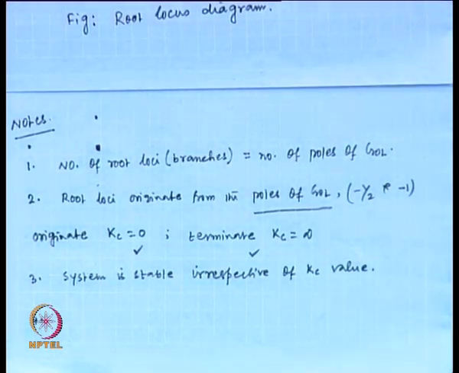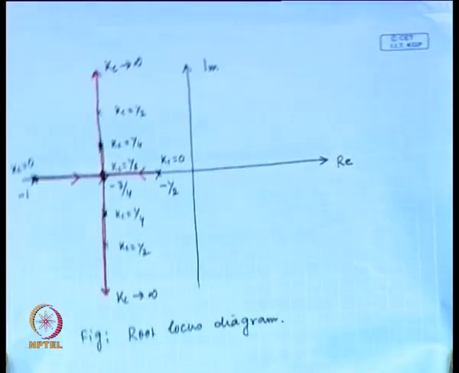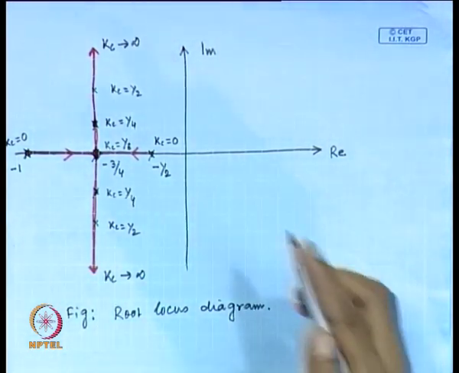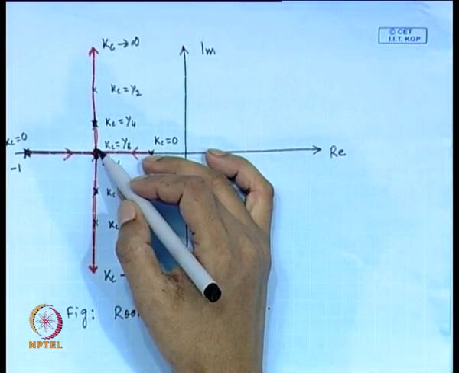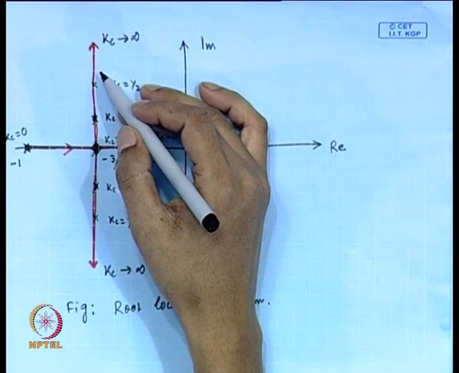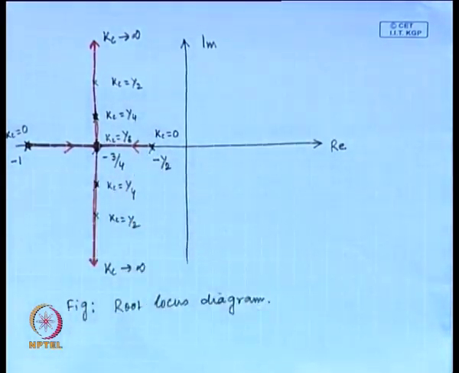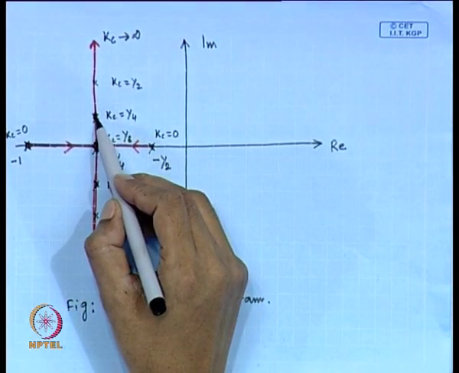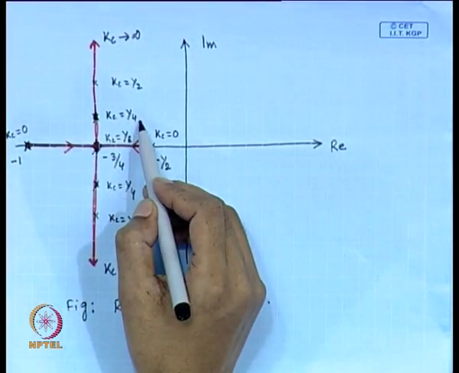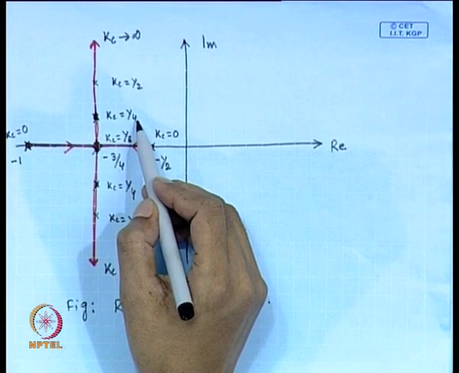You can observe another thing, that as the value of Kc increases, the poles of the closed loop system move away from the real axis. See here, this root we got when Kc equals 1/4.